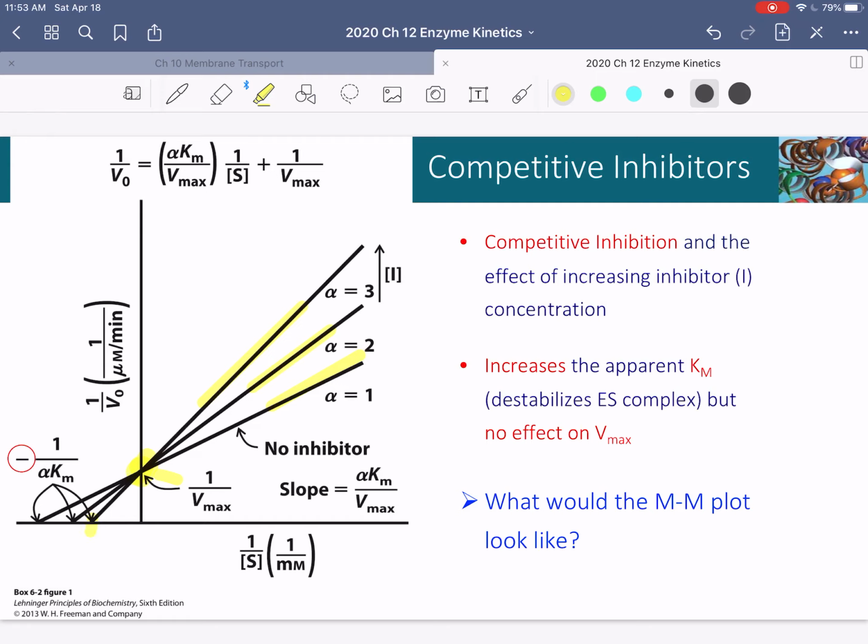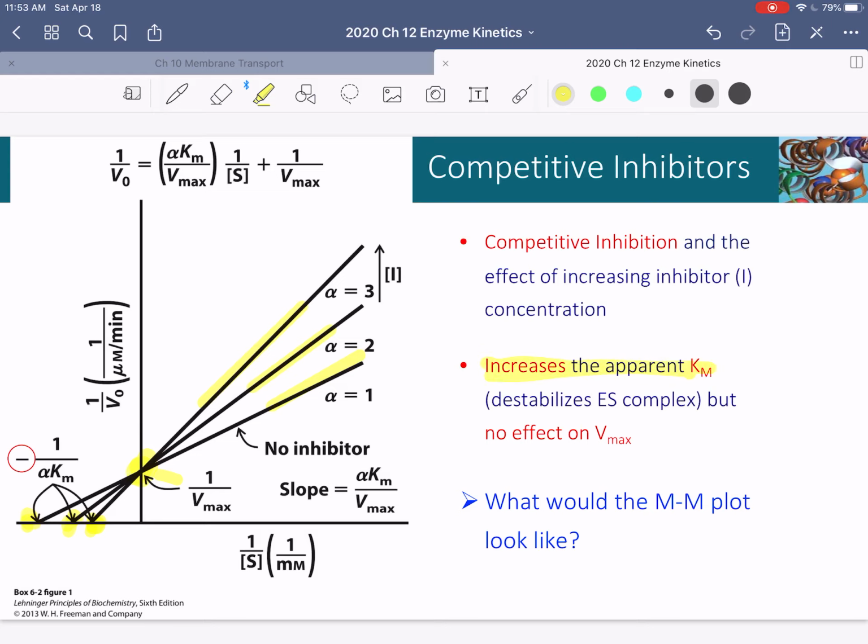Okay. These 3 points. In the absence of inhibitor, you have this larger number, minus 1 over Km, and then your numbers continuously get smaller as you get a larger negative number. Okay, so you're actually increasing the apparent Km.